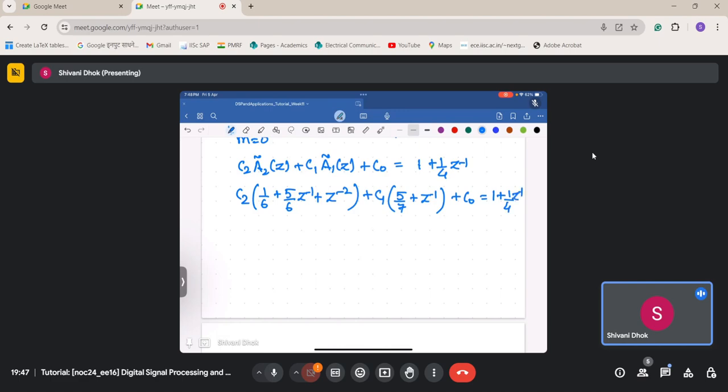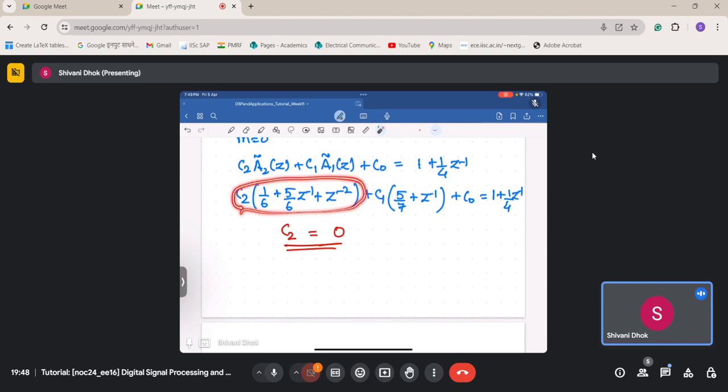Now compare the coefficients of highest degree on the left and right. The c2 is the coefficient of z to the power minus 2 only, and if I compare it with the coefficient of z to the power minus 2 in the RHS, it will be equal to 0. Therefore c2 comes out to be equal to 0. Now I'll subtract this entire term from both sides.